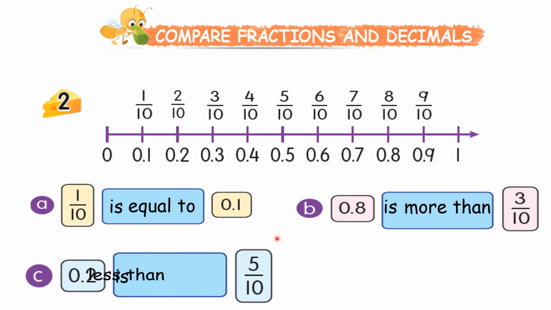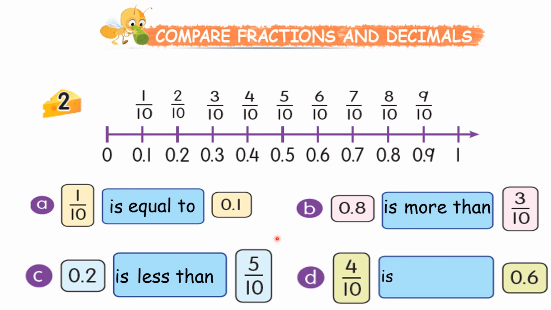So 0.2 is less than 5 over 10, or smaller than 5 over 10. Last one, 4 over 10 and 0.6. So we can say that 4 over 10 is smaller than 0.6, or 4 over 10 is less than 0.6.